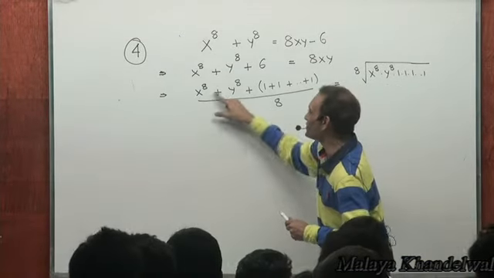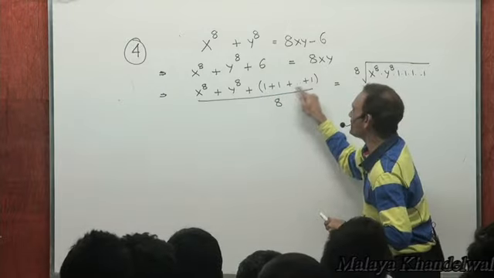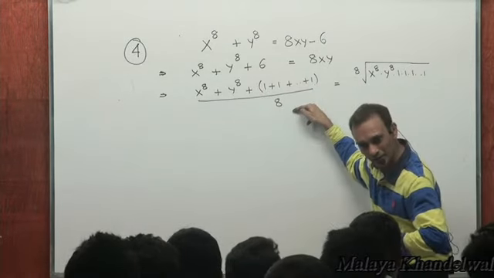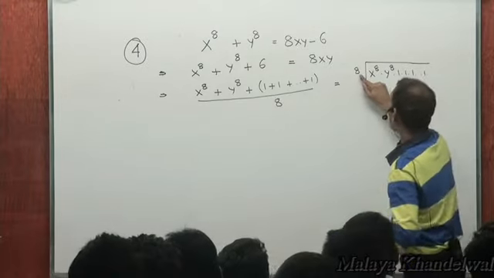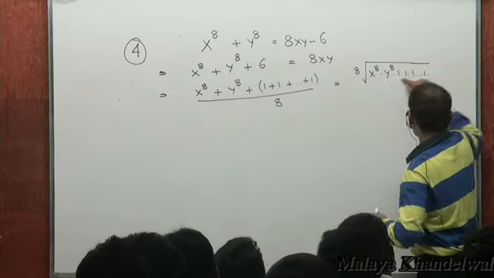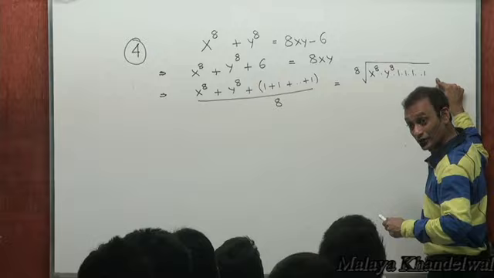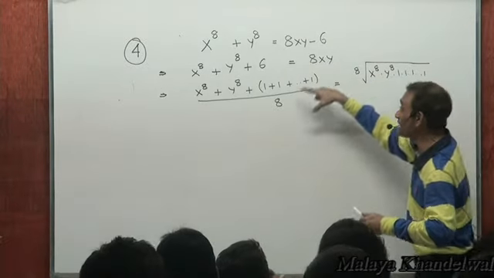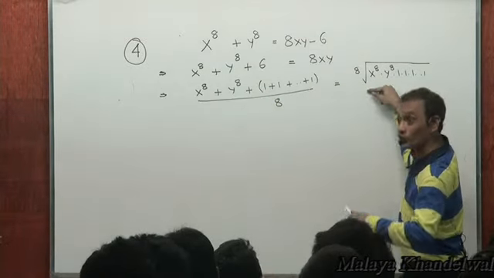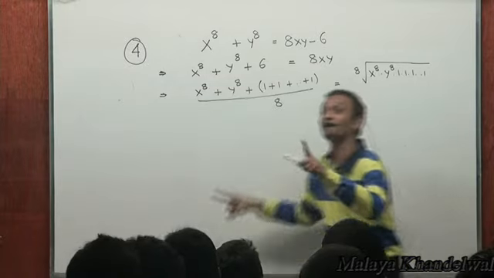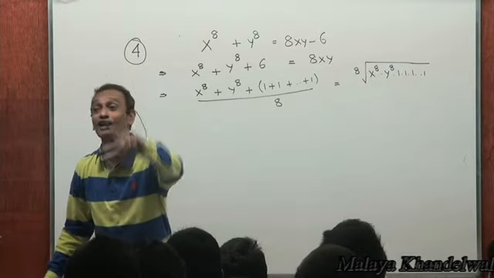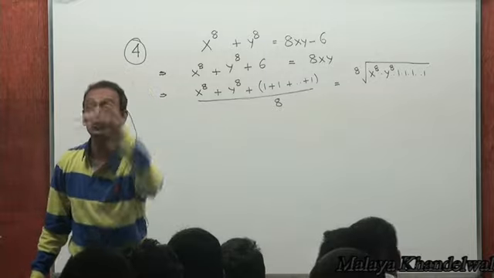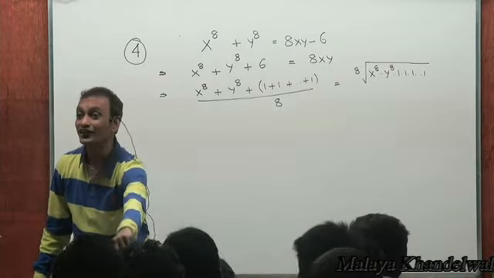There are 8 numbers: 1, 2, 3, 4, 5, 6, 7, 8. That's the arithmetic mean of the 8 numbers. The 8th root of the product is the geometric mean of the numbers. This means the arithmetic mean equals the geometric mean. That can happen only when the numbers are all equal.